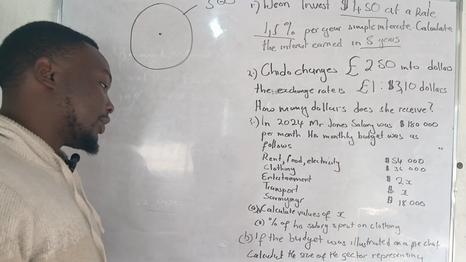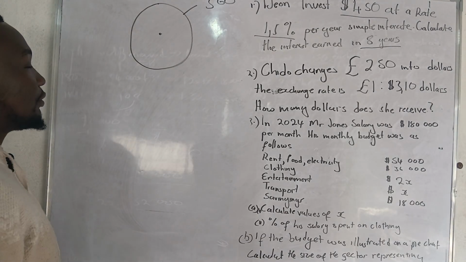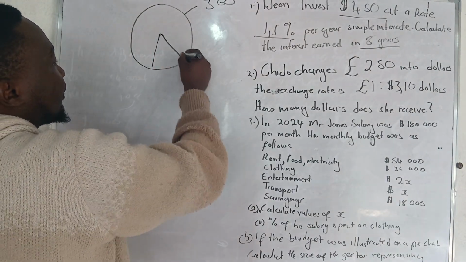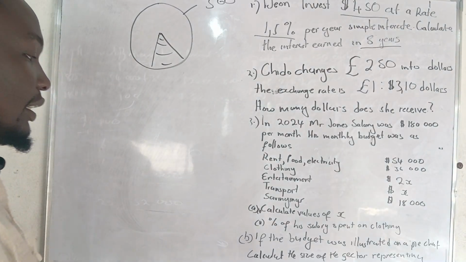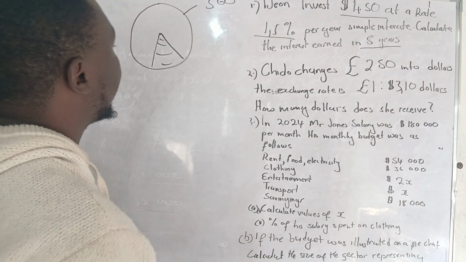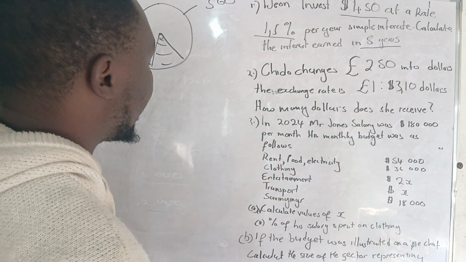So calculate the size of the sector represented by rent and food. We need to calculate the sector. It's an area. So we need to calculate the size represented by that sector. It means we need to calculate this angle.